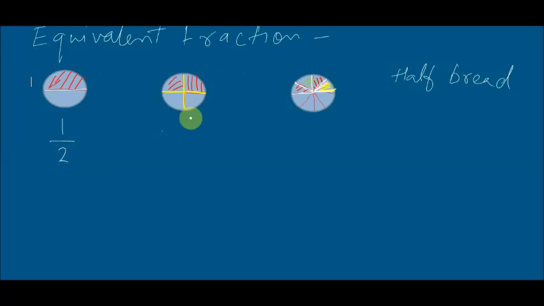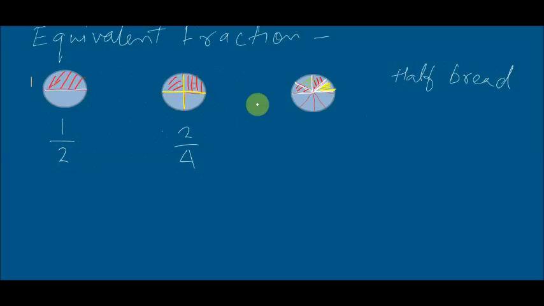And for this figure we can write 2 upon 4. Is it clear? Because we have equally divided this bread into 4 parts and we have shaded 2 parts, this one and this one.